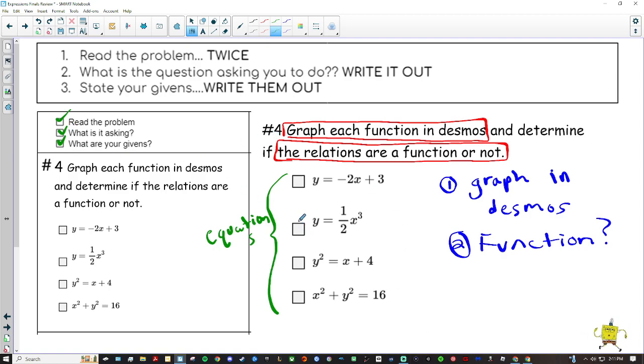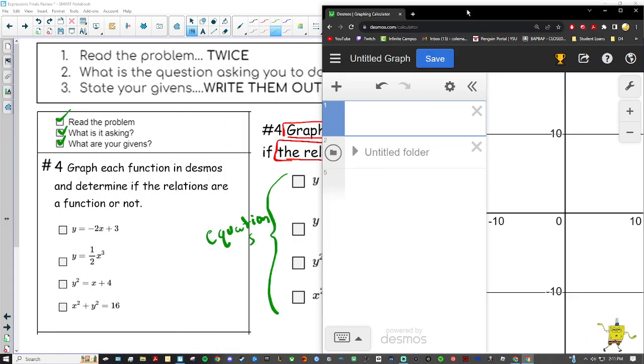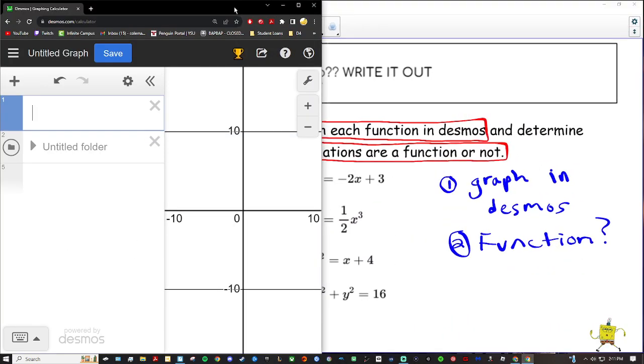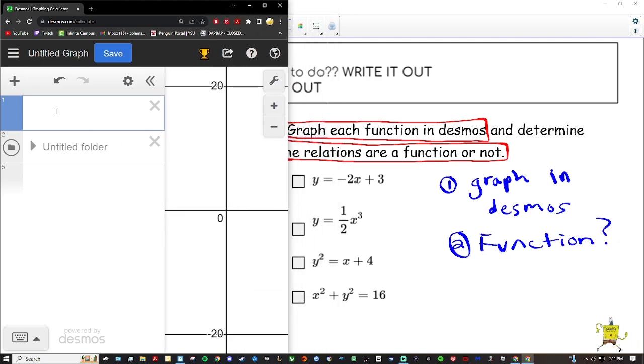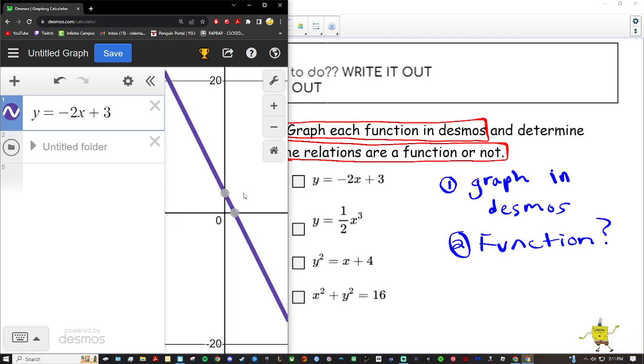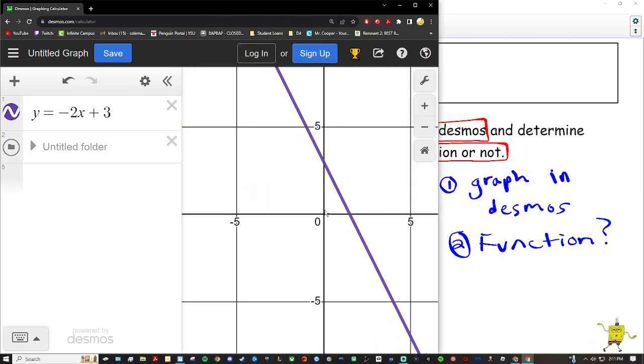Okay, so let's start to determine if these are or are not functions. So our first one is, I'm going to go on to this side. Our first one is y equals negative 2x plus 3. So here is my graph.